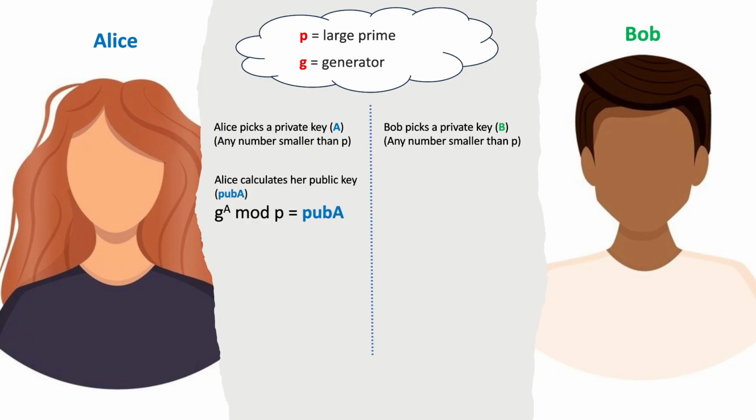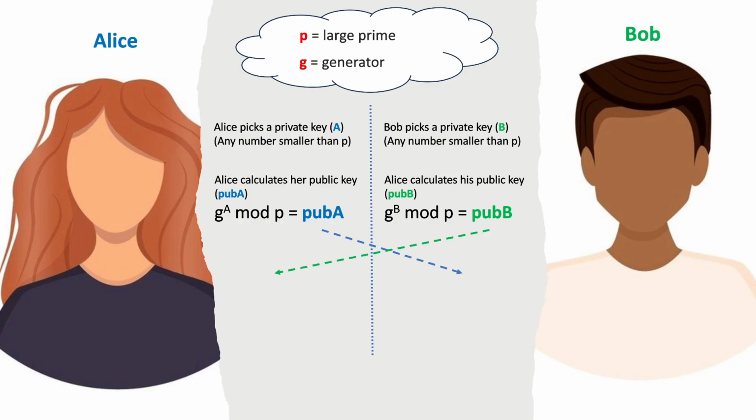And now Alice generates her public key. She does this by taking our G value to the power of A, Alice's private key, mod P, the shared large prime. And that equals Alice's public key. And then Bob does the exact same thing, but with his own private key. So it's G to the B, Bob's private key, mod P, the shared prime number.